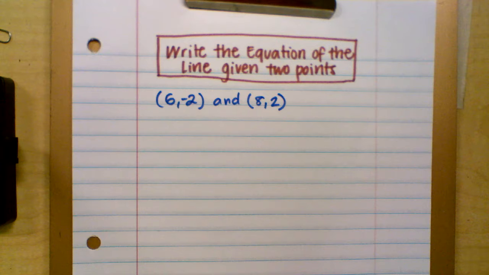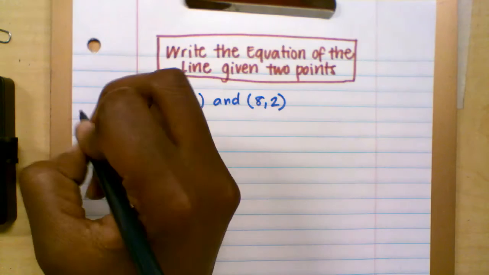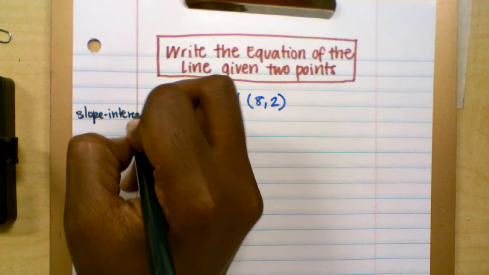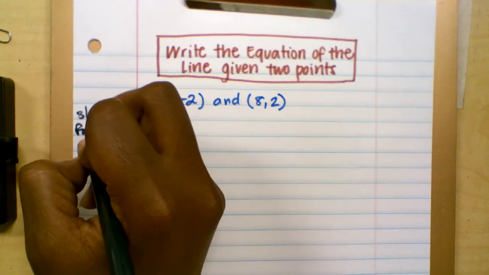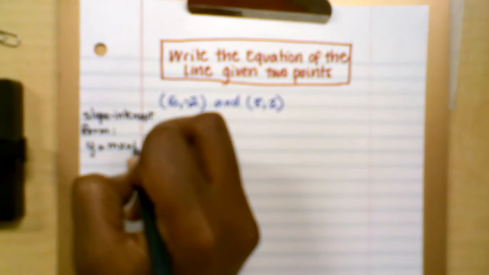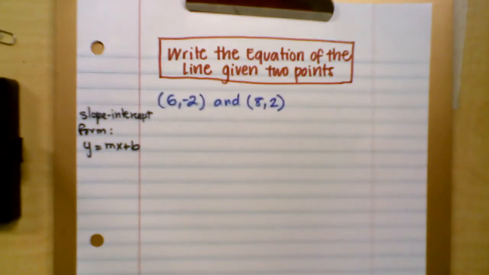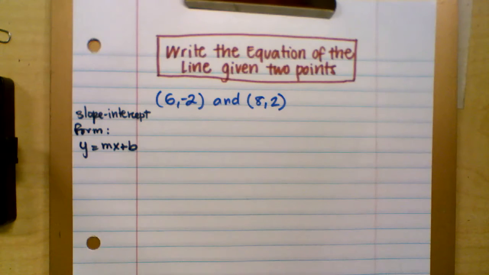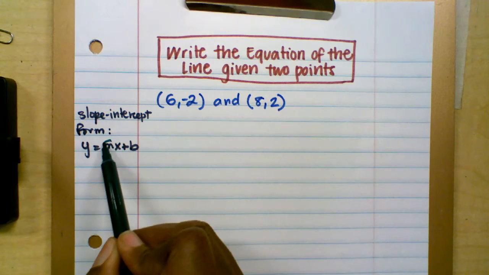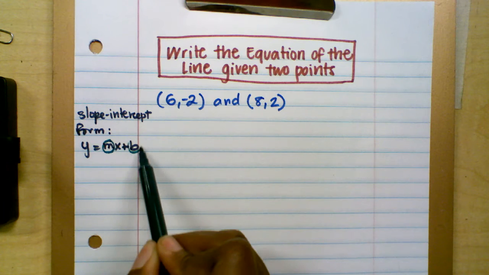So let me remind you, the equation of a line in slope-intercept form is y = mx + b. So we want to find the number for m and the number for b.